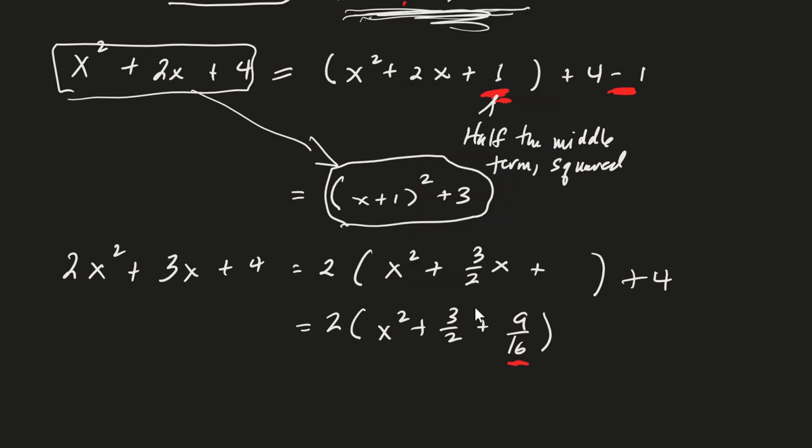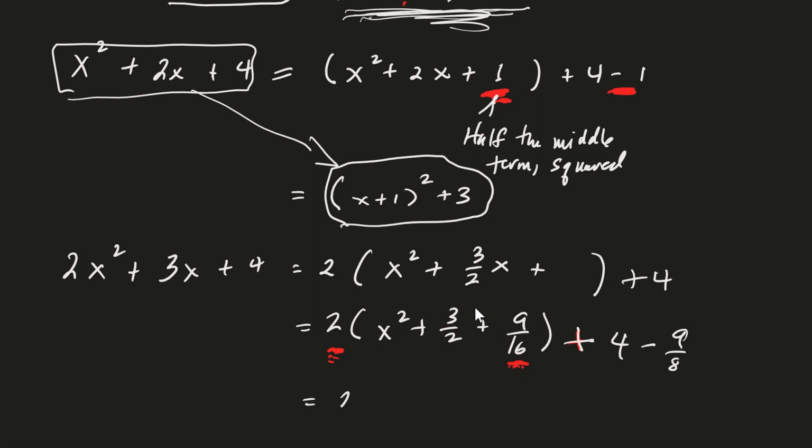But when you write 9/16 here, notice that what you're actually adding in there is 2 times 9/16, which is 9/8, right? So you're actually only adding 9/8 to this expression. So that's the expression that we would subtract. Let me go back to the white pen here. 4 minus 9/8. Good.